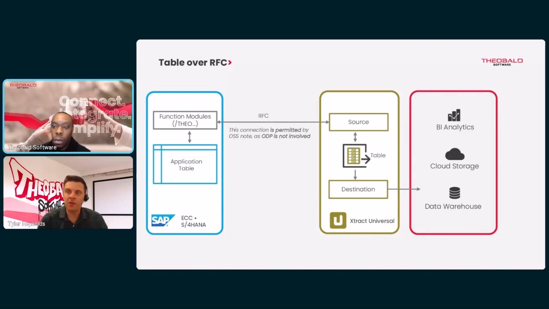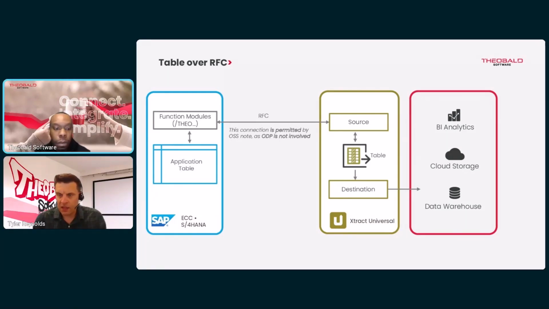T codes or BAPI reports is one of the components available in our tools. And again, that allows you to query T codes or BAPI reports, also done over RFC. And this is how SAP certifies third-party tools.